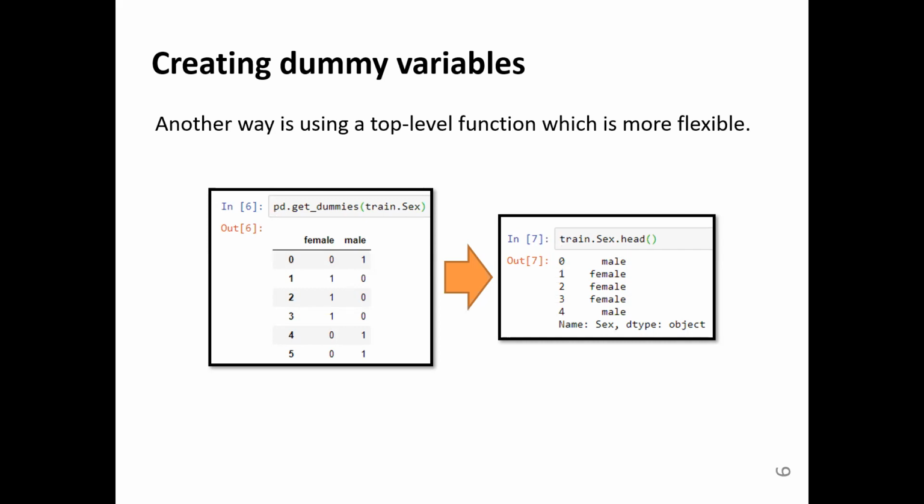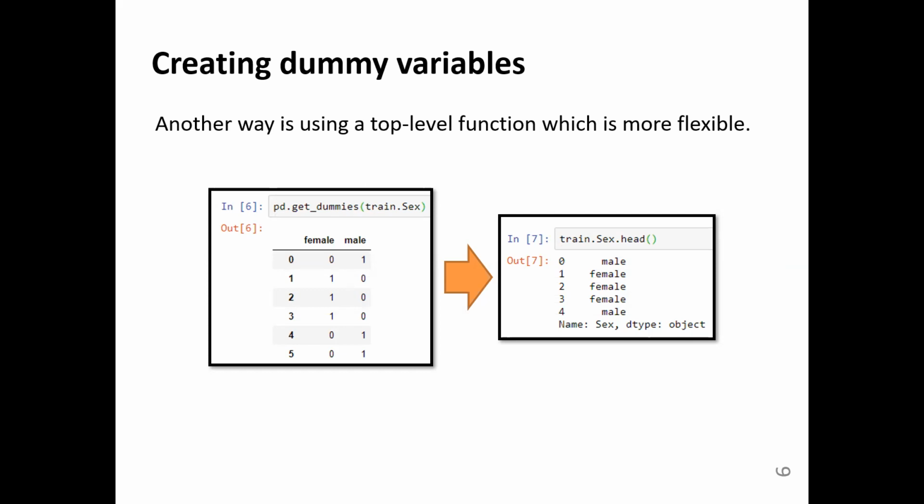I want to ask you one thing. Imagine that instead of male, female, we consider three, like male, female, non-binary. Tell me, how many columns do we need to have for dummy variables? I'll give you one example.